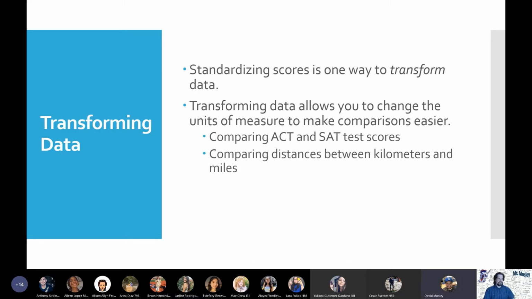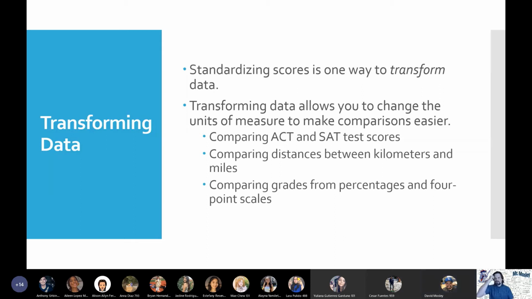It's like comparing distances between kilometers and miles. I can adjust units, comparing grades from percentages and 4-point scales. Again, we can use this idea of transforming the data to compare things that don't easily compare otherwise because they're in different units or their ranges are really different, things like that.